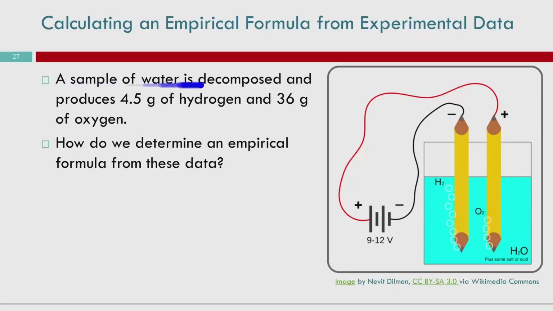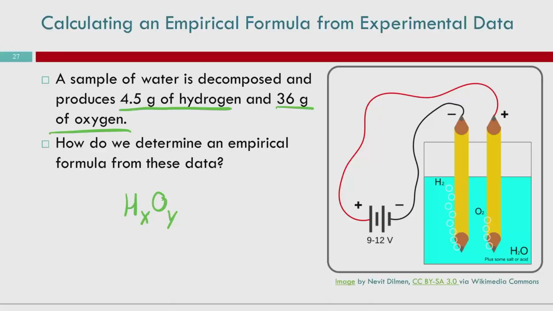So a sample of water is decomposed. It's broken down into its constituent elements. It produces 4.5 grams of hydrogen, 36 grams of oxygen. How can we use these values to come up with an empirical formula? In an empirical formula, we're going to have some sort of hydrogen, some sort of oxygen.